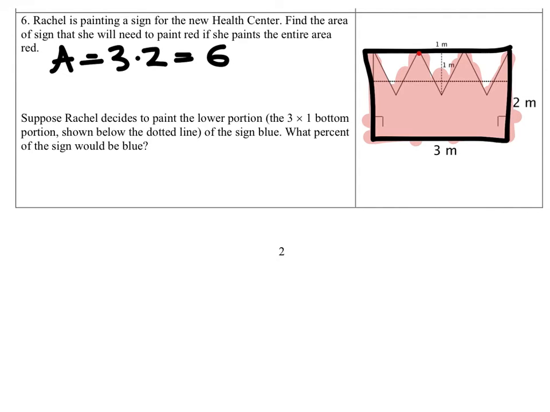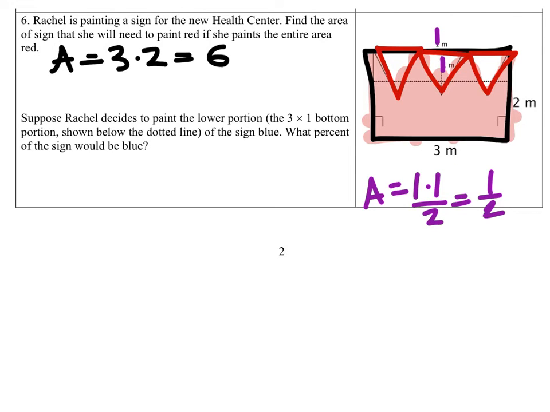So what I'm going to do on this is treat this like a full rectangle, which would have an area of 3 times 2, which is 6. Now if I can find the area of each of these triangles, then I'm just going to subtract, and there's 3 of them. What they did give us was that the base of the triangle is 1, and the height is 1 meter. So the area of one of the triangles is 1 times 1, divided by 2. That's 1/2.